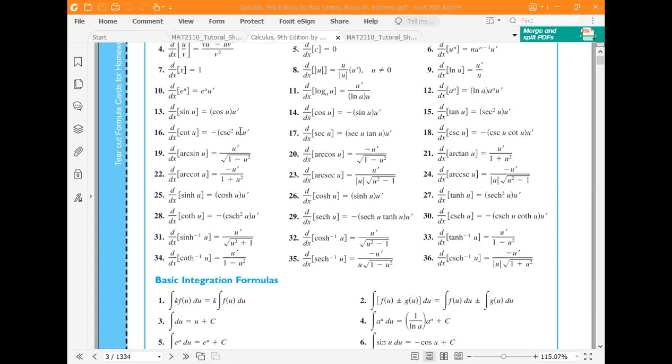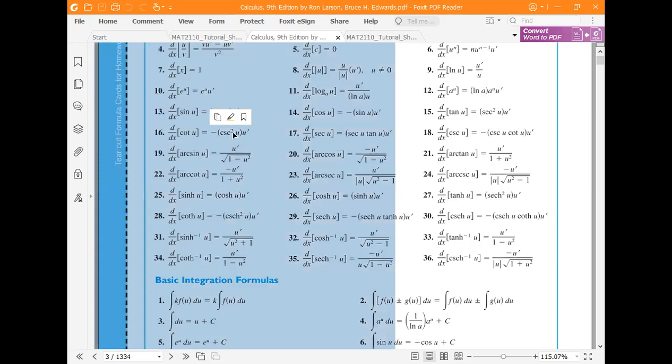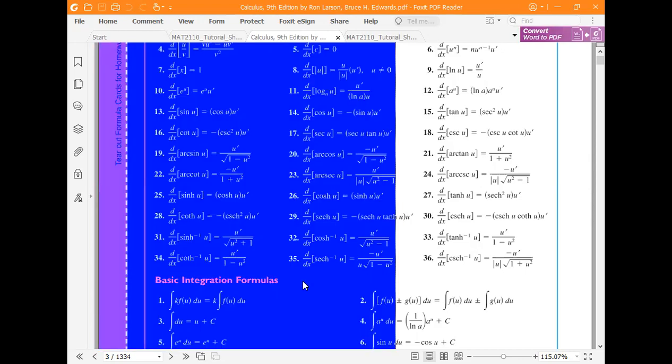There's a function that when you differentiate cot, you get minus cosec squared x. So to integrate cosec squared x, you need to get cot.